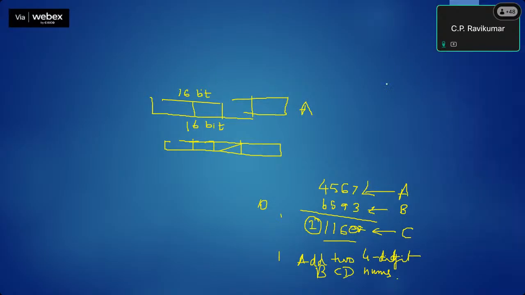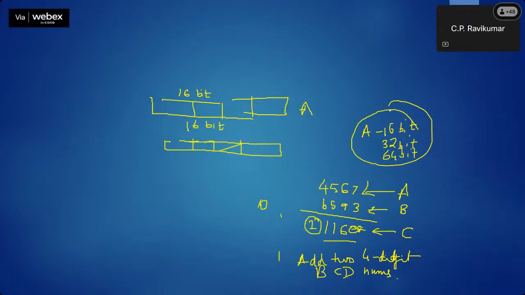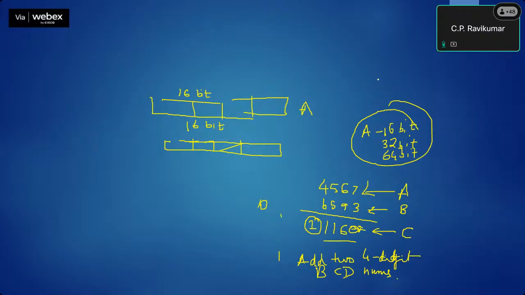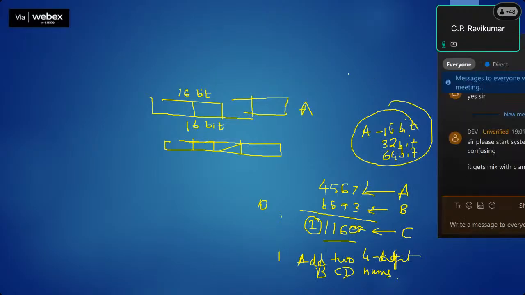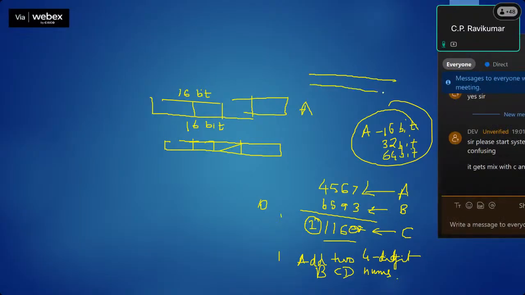Let me just complicate it a little bit and assume that A can be anywhere. So A can be 16-bit, 32-bit, 64-bit. It's up to us. We can decide the size of the BCD numbers that we are adding. So if we have 64-bit, we have 16-digit BCD. So it's a long BCD number of up to 16 digits.